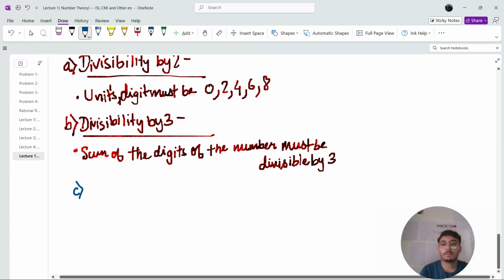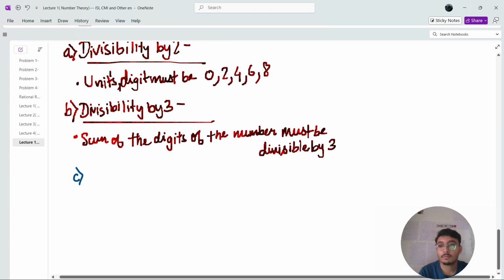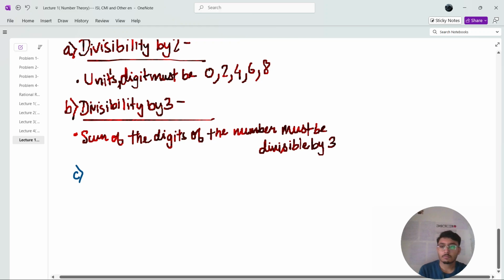That's my number 3, which is a divisibility by 4.